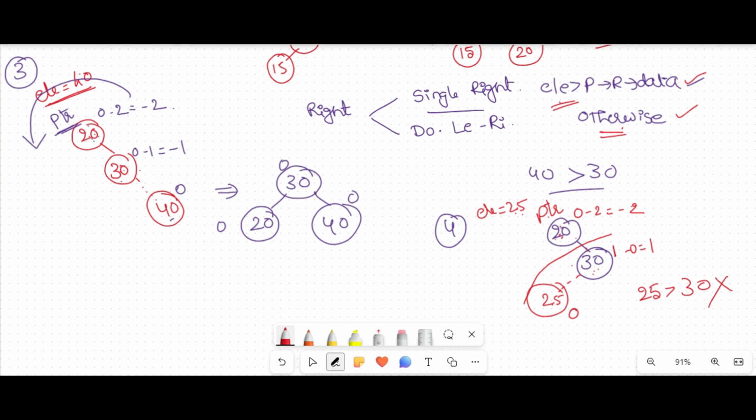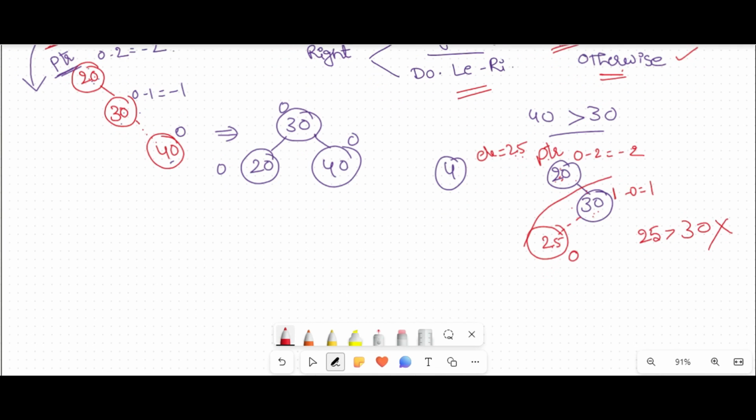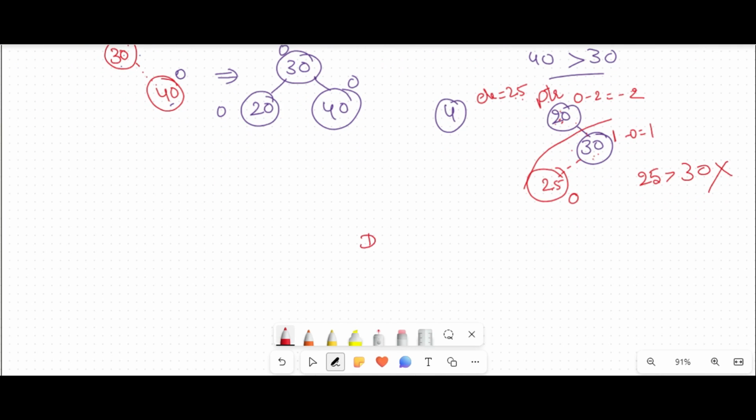That means which rotation do you have to apply? Double right left rotation. Double rotation means: at the child position, single right rotation, then single left rotation at the node where the property failed, at PTR. So for this node, 20 as it is, the child is 30.